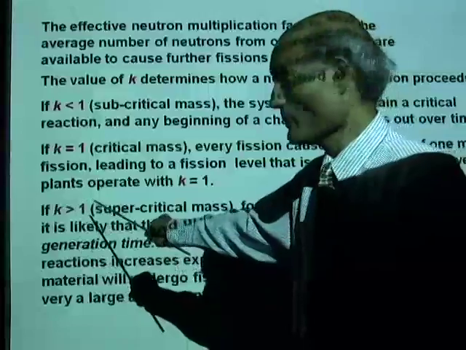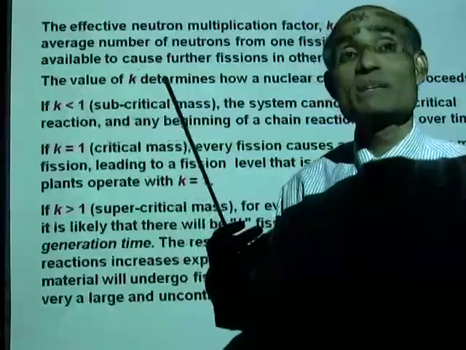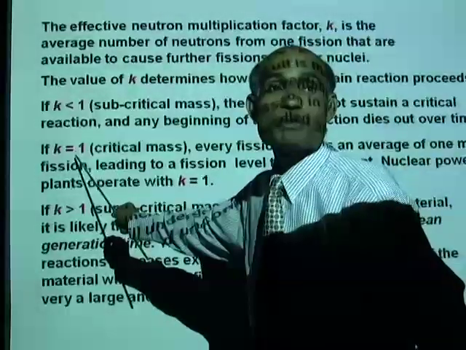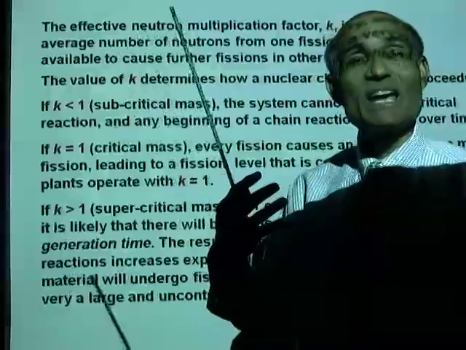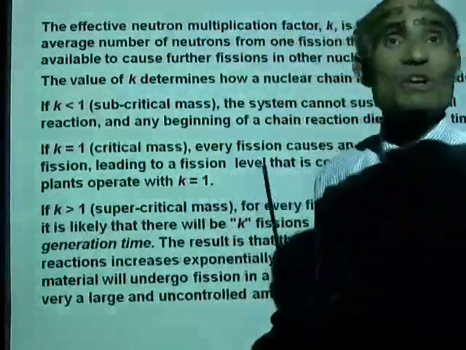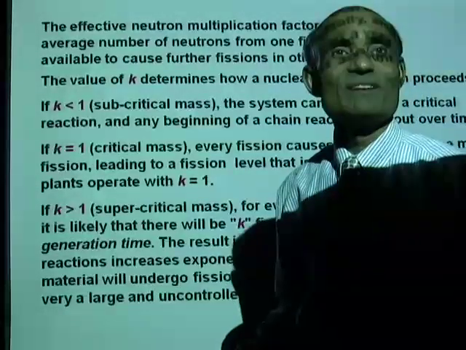K greater than 1 will result in an uncontrollable chain reaction. K equal to 1 will result in a controlled chain reaction. K less than 1 will result in the chain reaction dying down, and there will be no result.